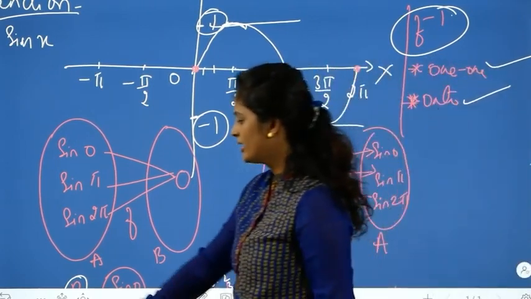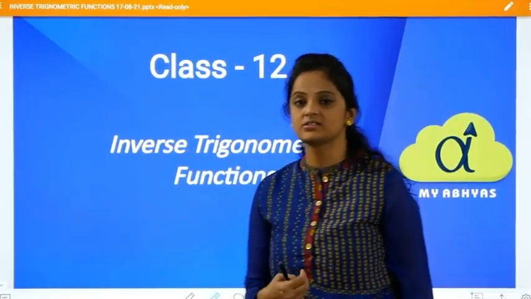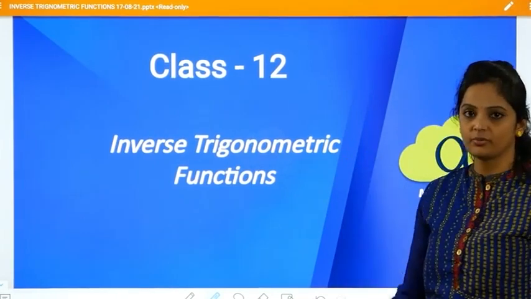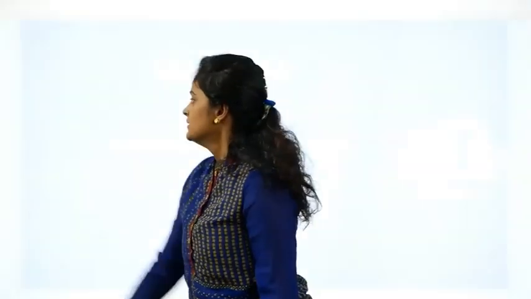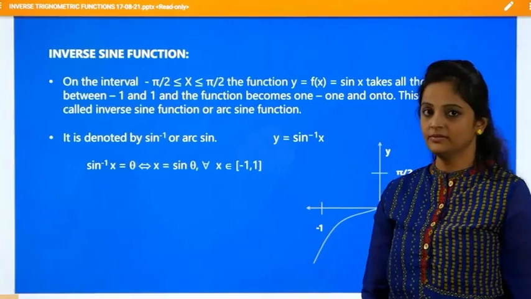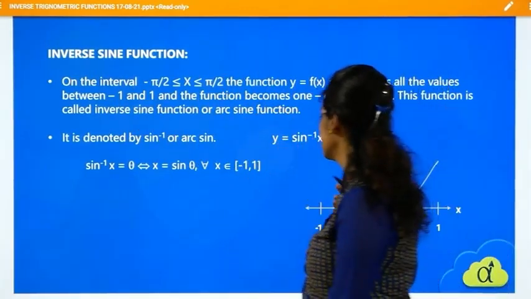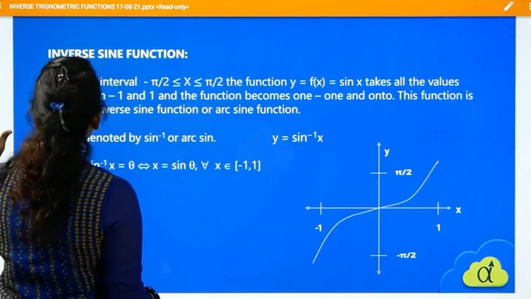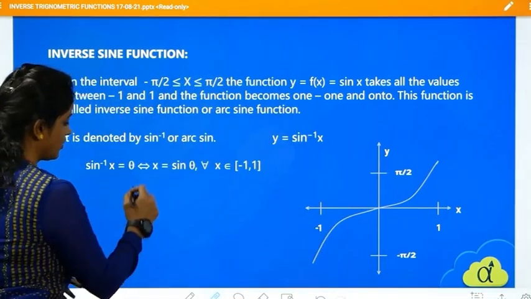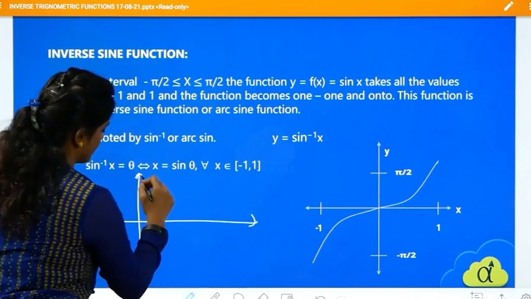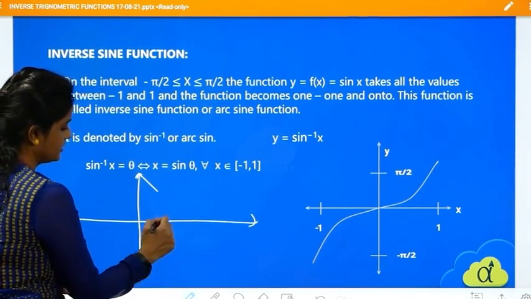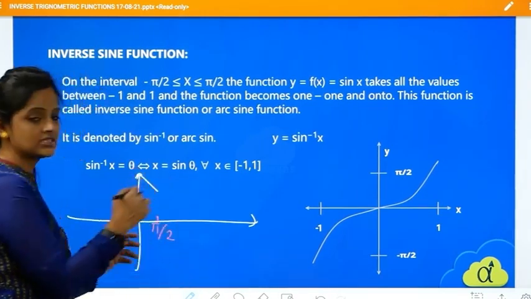Okay. So let's go back to the PPT and check what the domain and range are in the inverse trigonometric functions. First, I am talking about the sine function, obviously. So for the inverse sine function, see, this is the inverted graph. If you look at the proper graph, how it was, angles were here, just now I wrote.